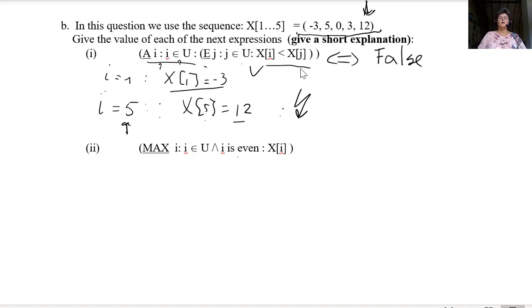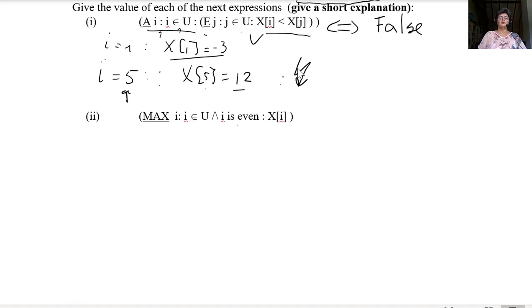Then the second part, max value. So we are looking at an index i coming from the universe with the restriction that i is even. So that means I only have to look at i being either 2 or 4. Now those are the only even numbers from the domain U. And what do I evaluate?